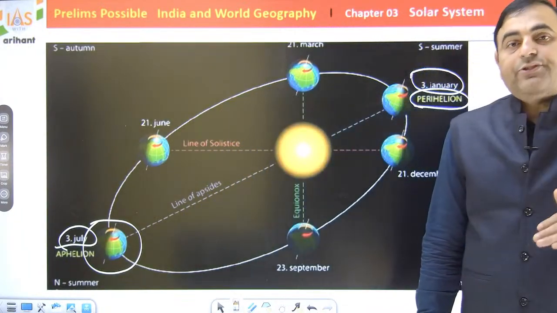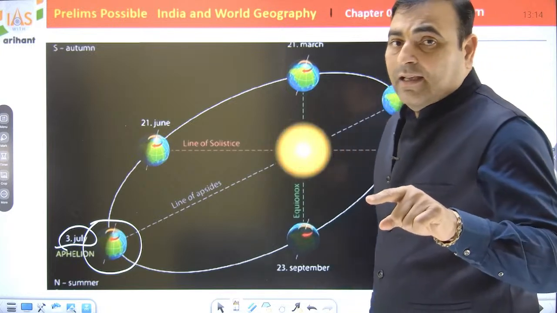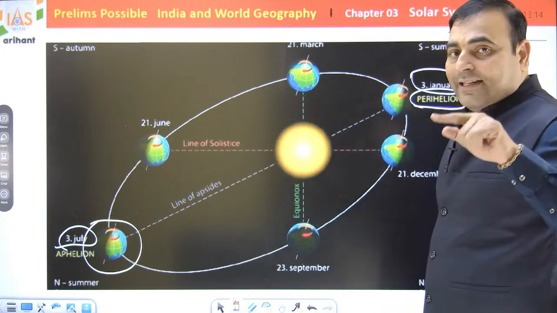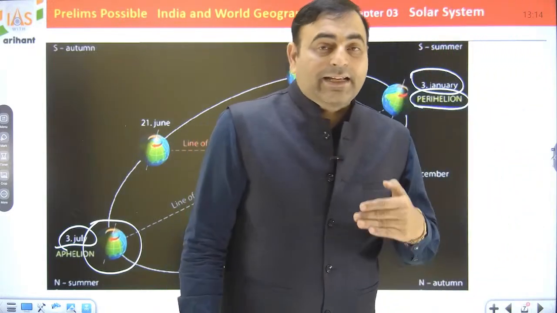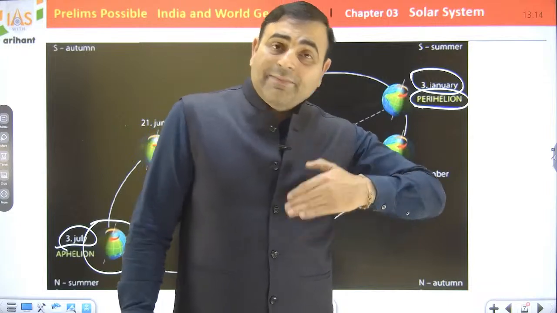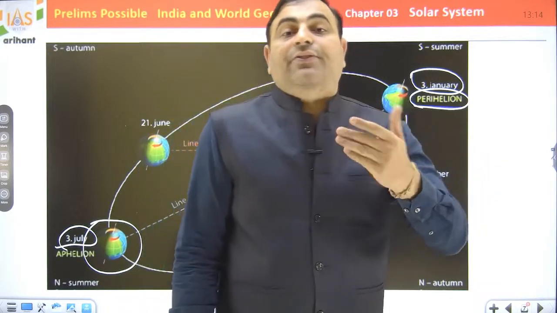When the sun rays are on the Tropic of Cancer, it is known as summer solstice in the northern hemisphere.